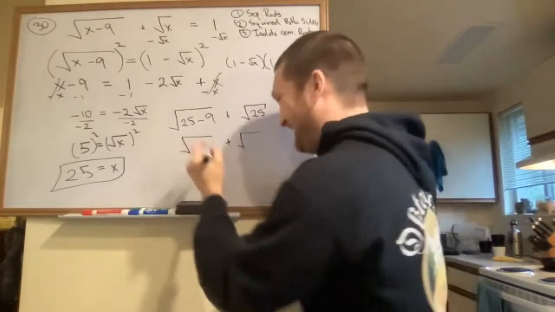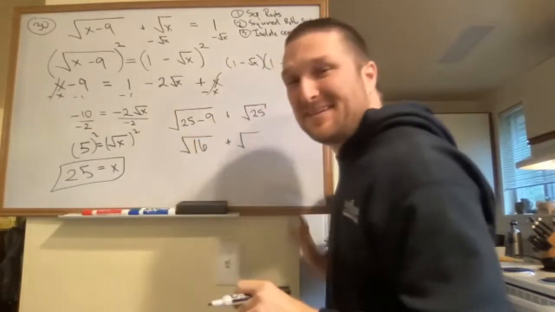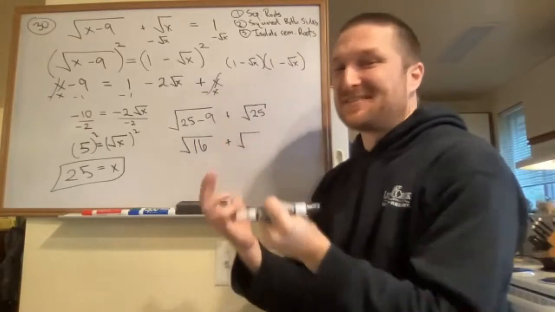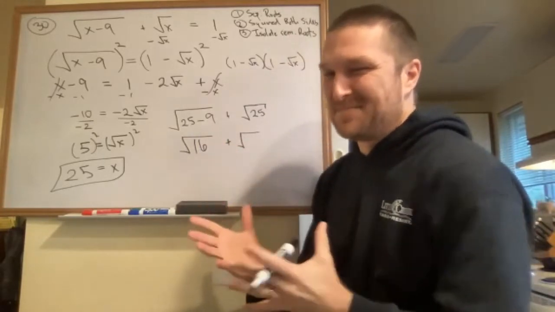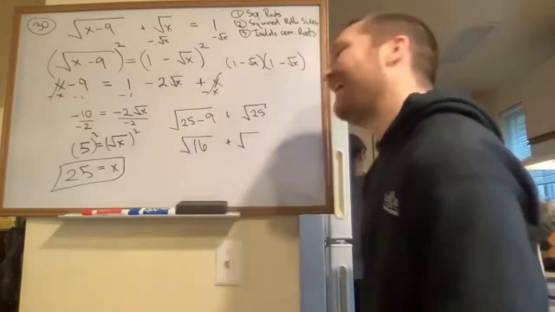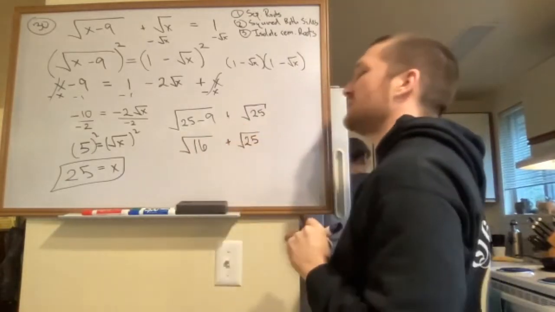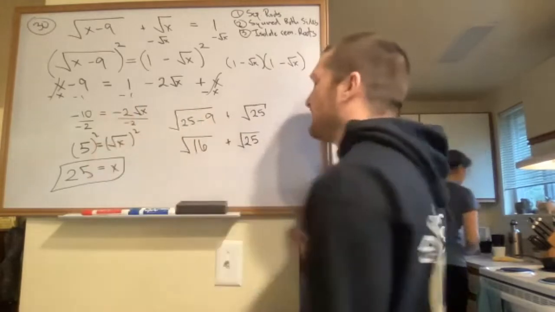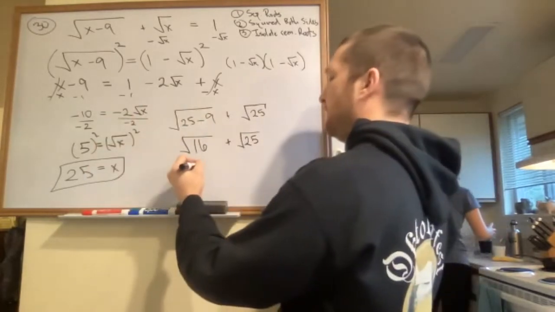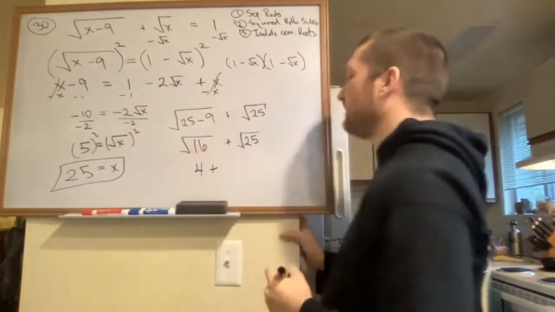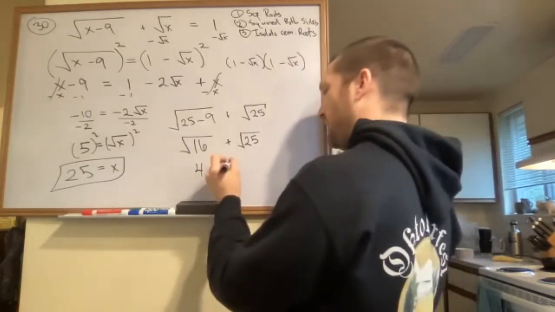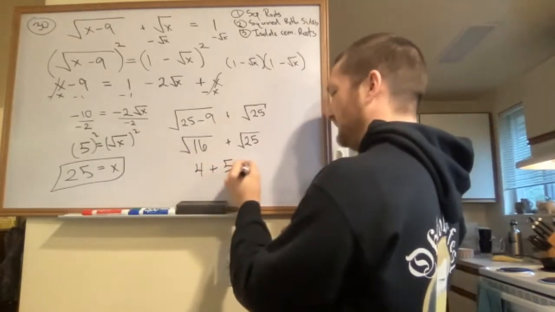I know. I swear, when I did this last night, I literally used my fingers. Okay, and then we have the square root of 16 plus the square root of 25. What is the square root of 16? 4. What is the square root of 25? 5. What's 4 plus 5?